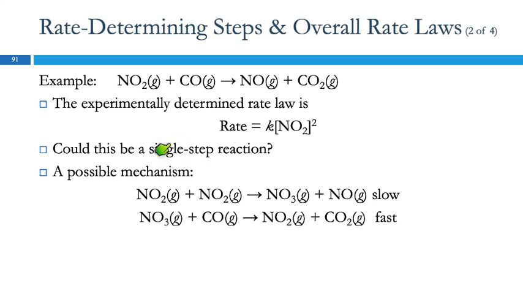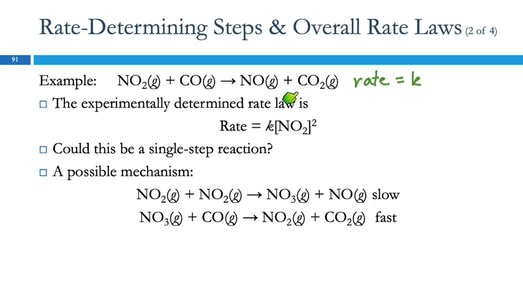Could this be a single-step reaction? Well, if this was a single-step reaction, that would mean that this is an elementary step, and that this reaction involves one molecule of NO2 colliding with one molecule of carbon monoxide. If this was an elementary step, what would we predict the rate law to be? Elementary steps can be predicted from the equation.